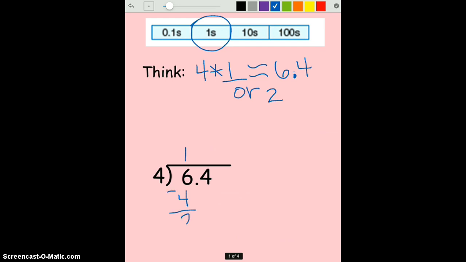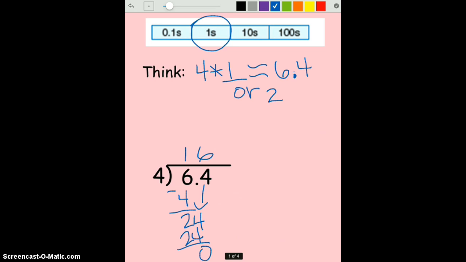Subtract and you get 2. What would you do next? Push pause. You do it and check. Bring down the 4. How many 4s can you make out of 24? Again, you could push pause and then check back with me. 4 times 6 is exactly 24. Subtract and we get 0.